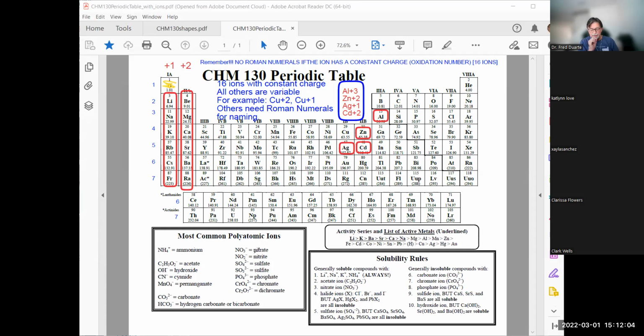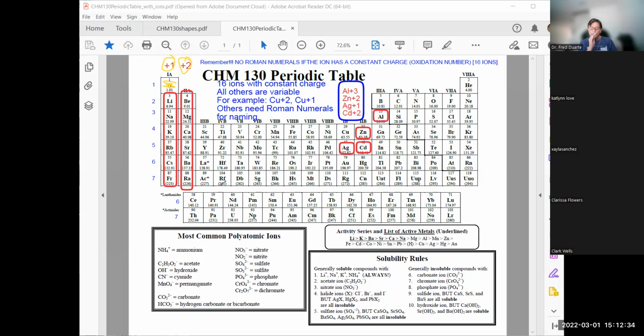All the metals in group 2A have a +2 oxidation state. That's a total of 12 elements that have a fixed charge 100% of the time.